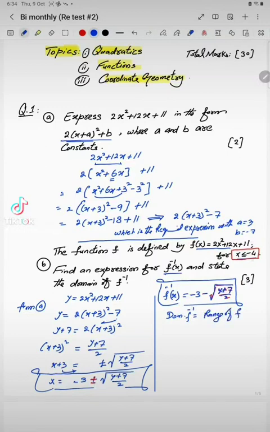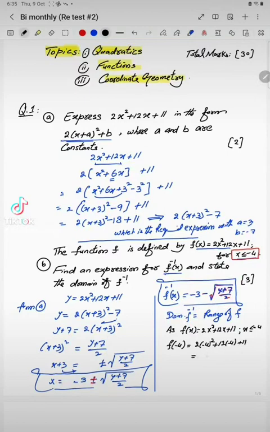As the original function's domain was x less than or equal to minus 4, we can substitute this in the function. So I can write f of x was 2x squared plus 12x plus 11 with x less than or equal to minus 4. Here with minus 4 I will get 2 into (minus 4) squared plus 12 into minus 4 plus 11.